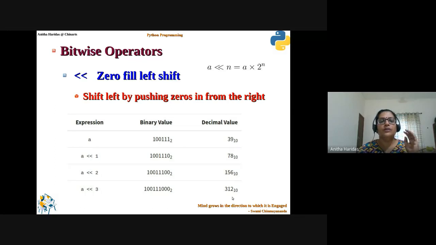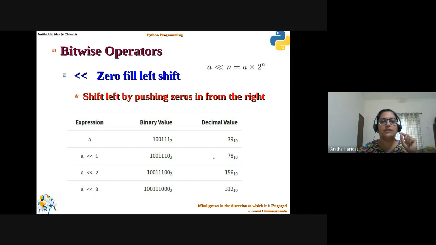Right? So the left shift zero fill operation is equivalent to multiplying your value by 2. So if it is shifted only once, you multiply it only once.